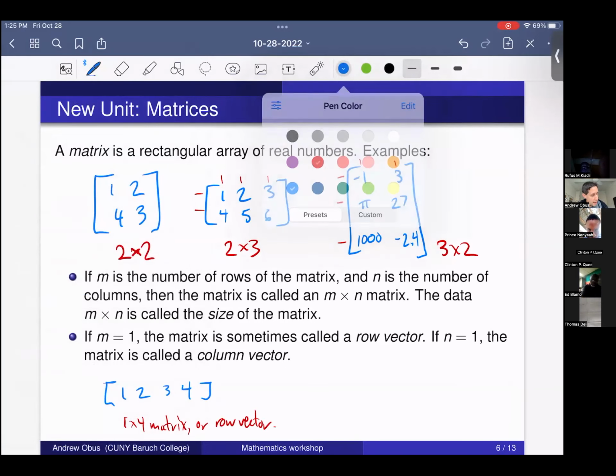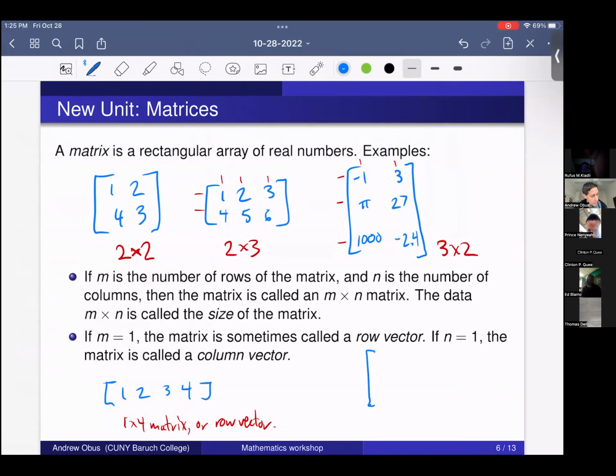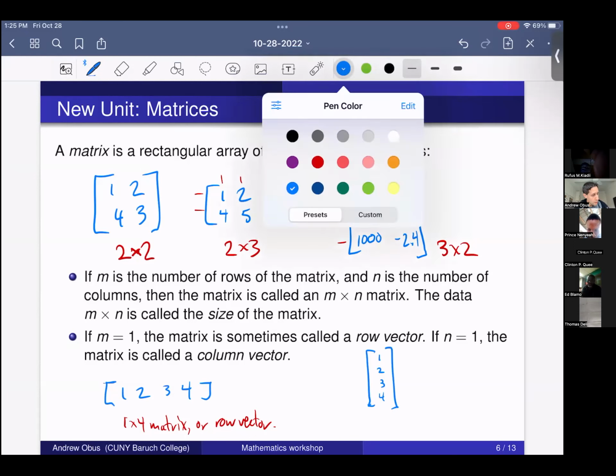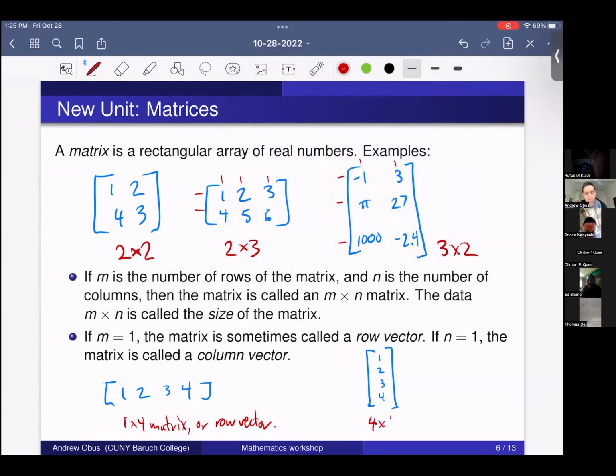Likewise, if we have only one column, 1, 2, 3, 4, this is a 4 by 1 matrix. It has 4 rows and only one column, and this is called a column vector. Any questions?